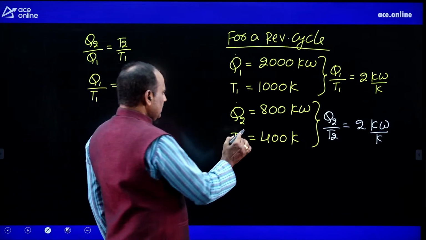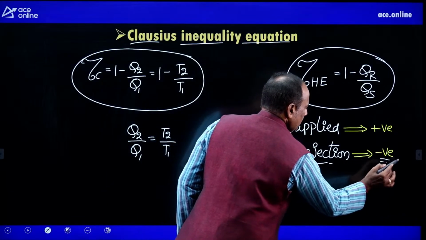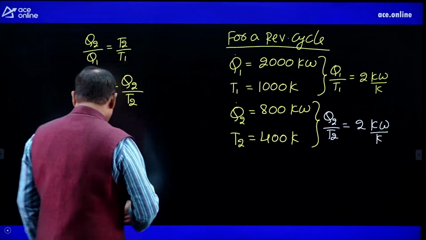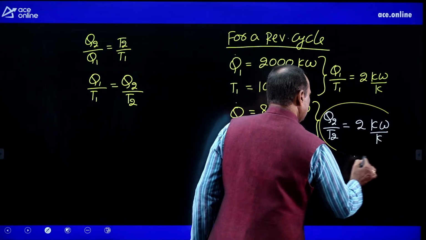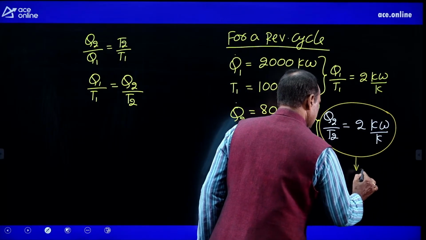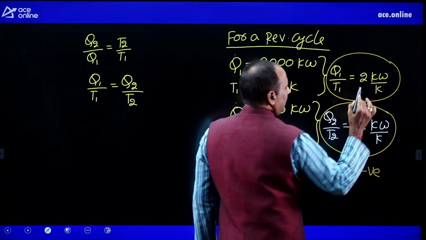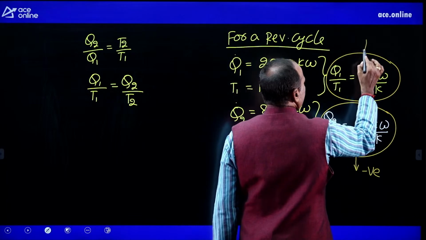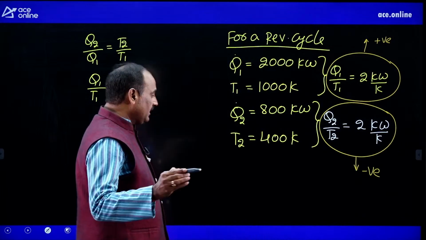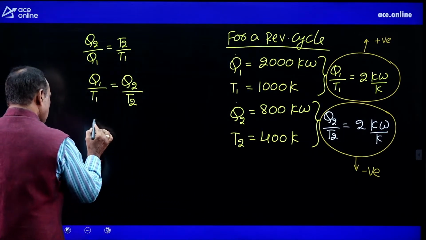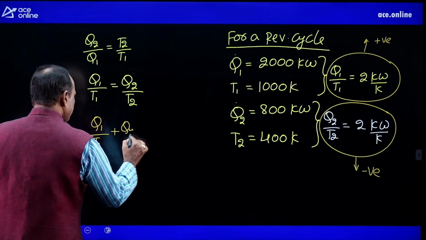But as you know, Q2 is the heat rejection. Thermodynamically heat rejection is taken as negative. Therefore, this quantity is a negative quantity. Q1 is the heat supplied. Heat supplied is positive. This quantity is a positive quantity. Then, if I add these two quantities, Q1 by T1 plus Q2 by T2, how much is it?